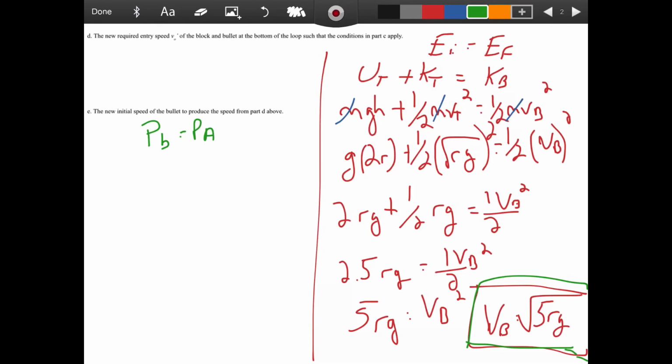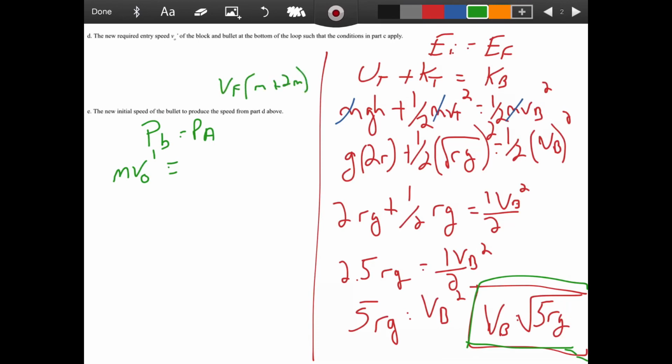Now what we're looking for is basically the new v naught. So let's call it m. I don't want to use b because that's bullet. Let's say v naught prime equals, now we have the final velocity, so I'll just do it up here, vf and m plus 2m.